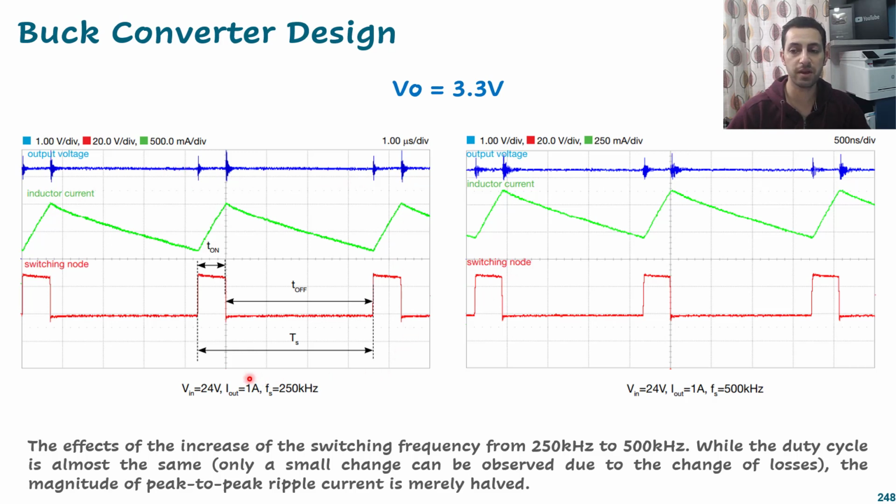And I believe the same output current as well: 1 ampere and 1 ampere. But what is the difference? The difference is the frequency. As we see here, they look identical, but if you look at the parameter here and the parameter there, each square here is 250 milliamp and each square here is 500 milliamp. That means we halved the ripple of the inductor current by doubling the frequency.